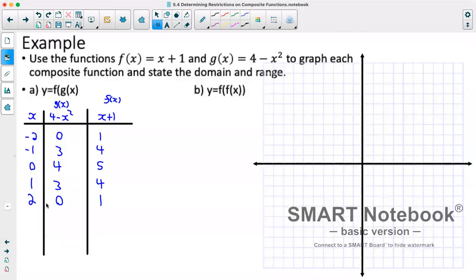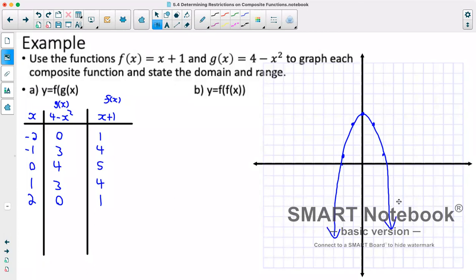Okay, so now we'll graph this. So at -2, we are at 1. At -1, we're at 4. At 0, we're at 5. 1, we're at 4. 2, we're at 1. So we can see essentially we have a parabola that opens downwards.